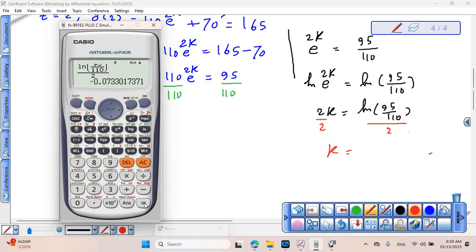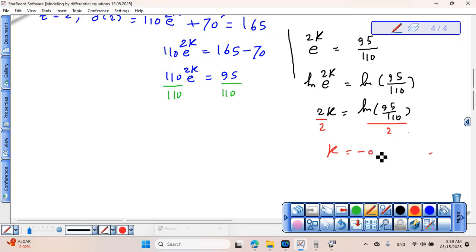The answer is negative 0.073. Now we can write the general solution.